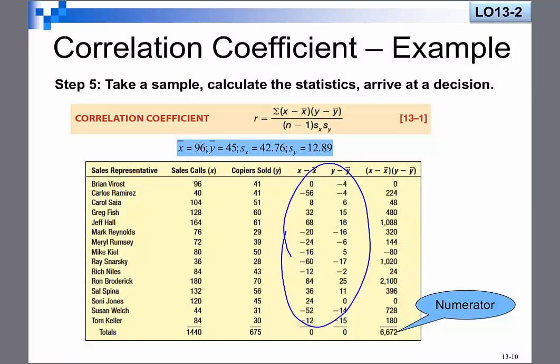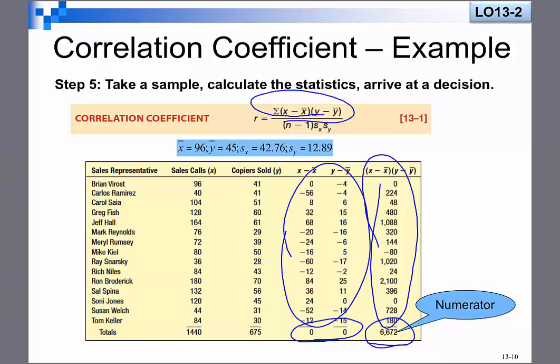And as you learned in the earlier chapters in business stats, adding those all up will always give you 0. Multiplying them together gives you a column that looks like this, and then adding them up gives you the numerator for your R. That's all it is right there.